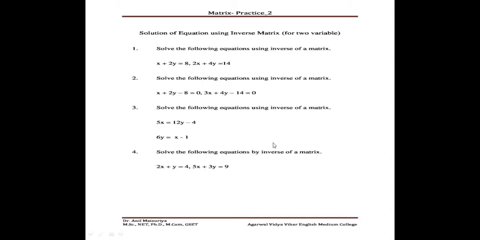Now, I have already told you that whenever you are given an equation, just remember one thing: on the left hand side of the equal to sign, we should have x and y only, and on the right hand side of the equal to sign we should have a constant amount, that is the total amount.